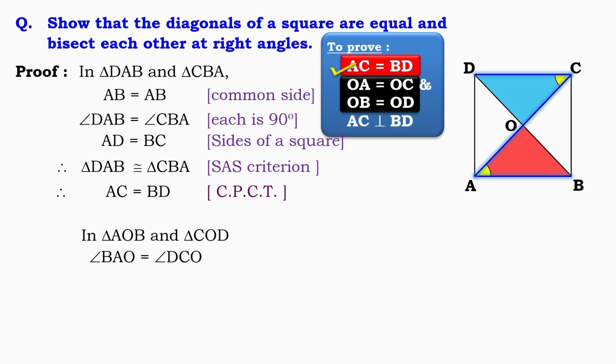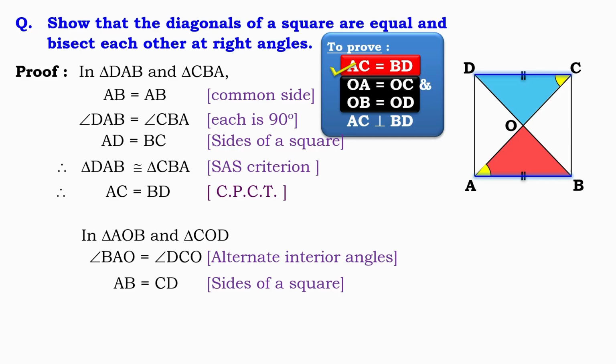So in this case, the alternate interior angles are angle DCO and angle OAB. These will be equal. And also AB is equal to CD, correct? Because they are sides of the square.